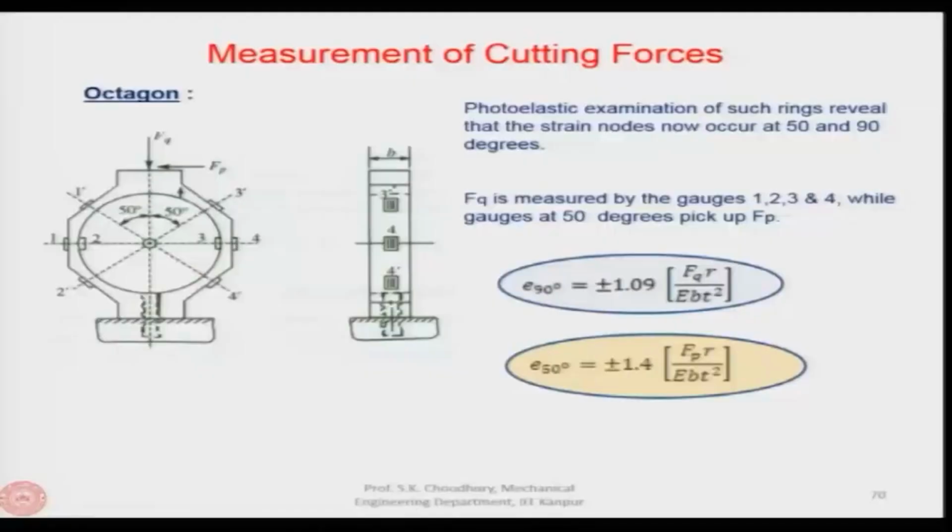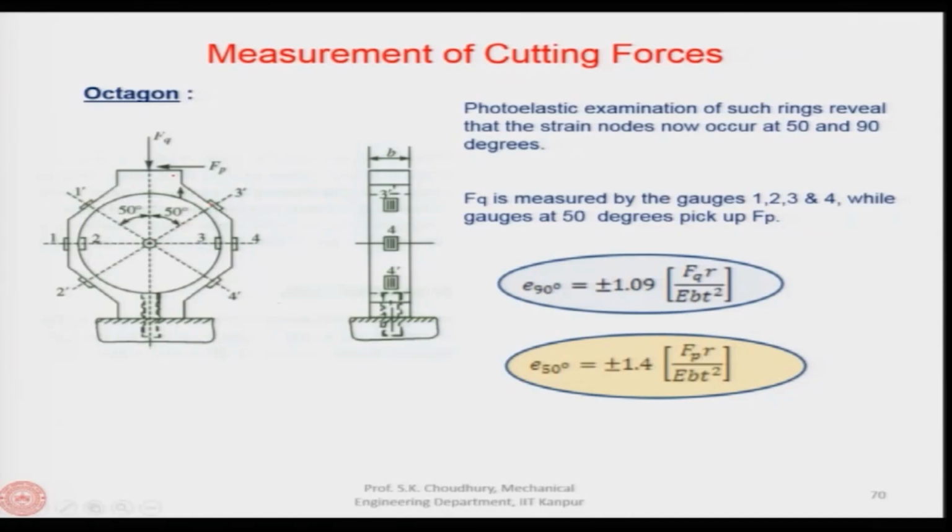So, therefore, the ring type structures are modified in terms of the octagon. As you can see from the slide, this is an octagon and this has the principle of the ring type dynamometer, but it is more rigid.